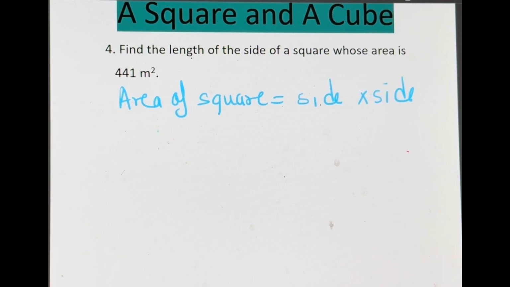And the area is given as 441. So we need to basically find out the square root of 441 to find out the side. So side will be equal to the square root of 441.